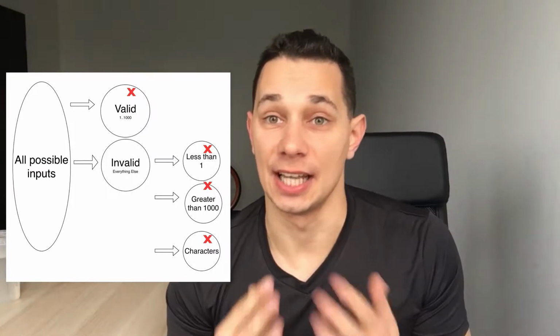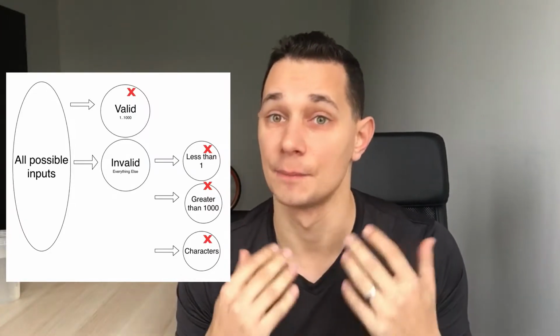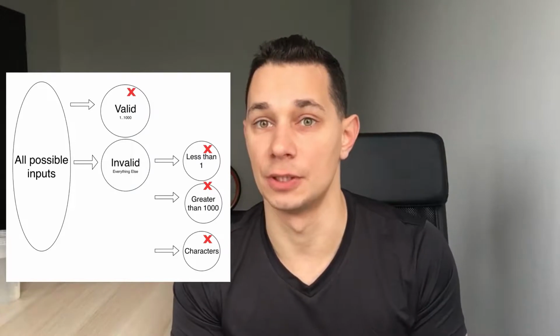Because this is a text box, you can insert anything. So we need to test at least once what happens if we insert a non-whole number, like 1.2, or what happens if I insert a character or something. Okay, so we have equivalence partitions, but let's extend it.